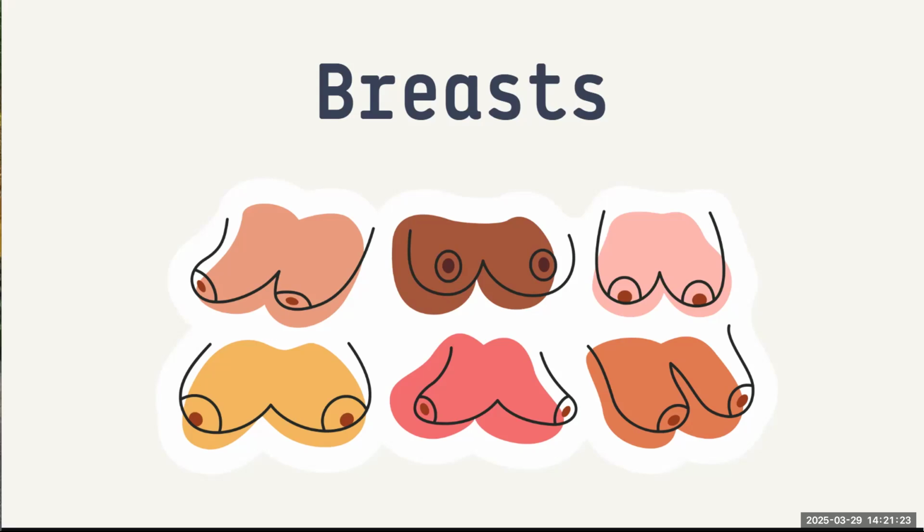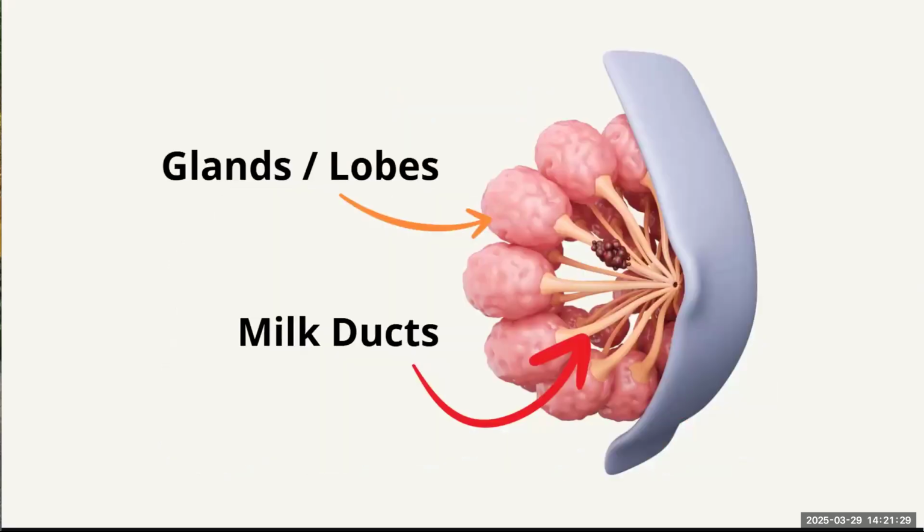So now we go to the breasts in particular. Now, the breast, you can visualize that like a sponge. It has various layers, various channels. So the fatty connective tissues provide the support and the shape. The lobes is where the milk is produced. So you can think of that as storage units.